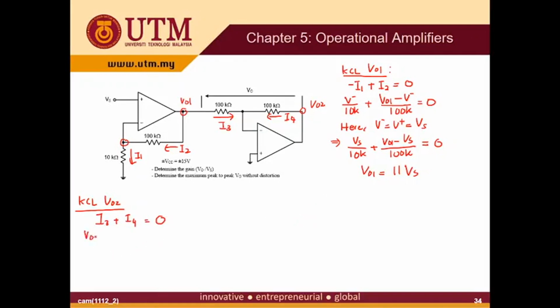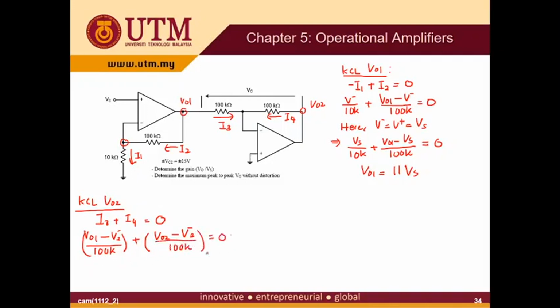I3 is V out 1 minus V minus, where this is V minus for the second op-amp, so I put V minus 2, over 100K, plus I4, which is V out 2 minus V minus 2 over 100K, equal to 0.